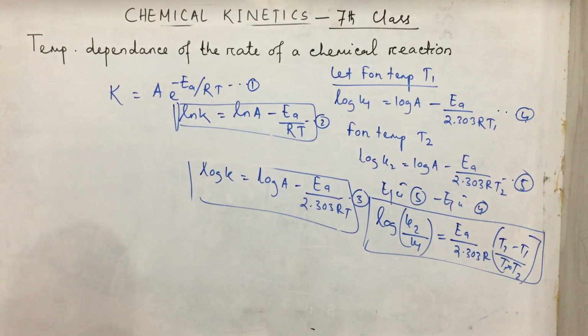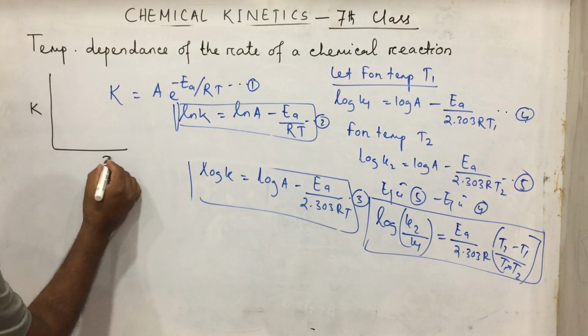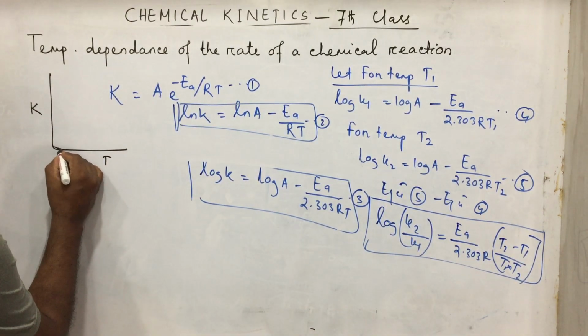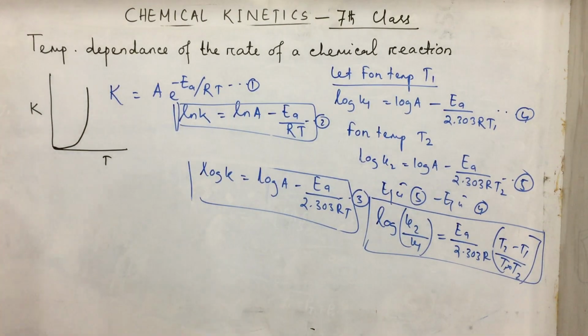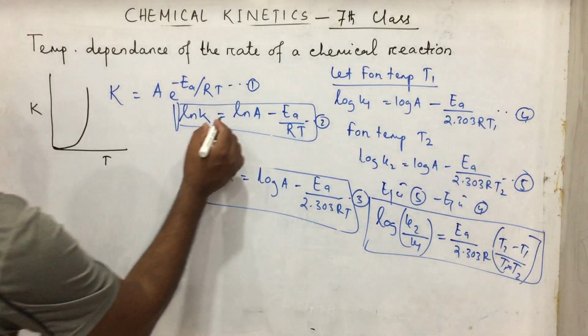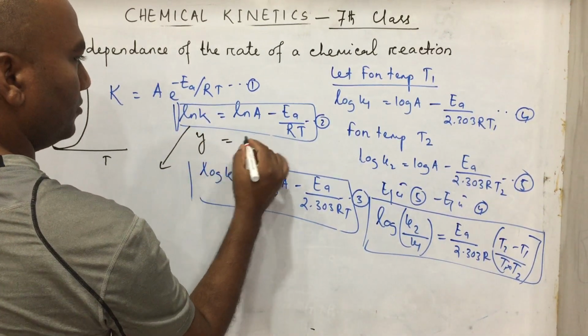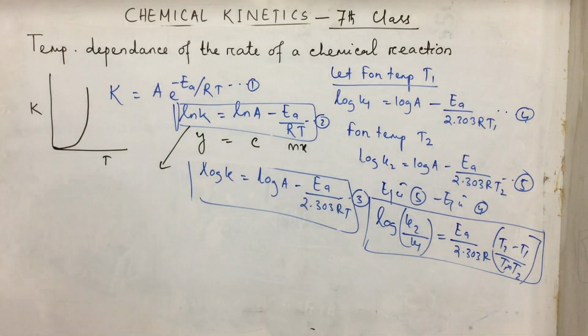So first is equation 1, if we plot the graph K versus T. So you see, this is an exponential equation. So if we plot the graph K versus T, the graph will come like this. Clear? Next, from equation 2, you see y equals mx plus c, this format.